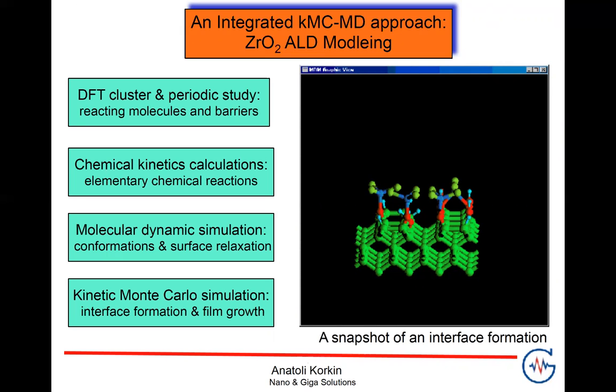So we did density functional cluster calculation in our periodic study. Then derived parameters for kinetic calculation. Did molecular dynamics simulation for conformation and surface relaxation, and also used a kinetic Monte Carlo simulation for design of interface and film growth.